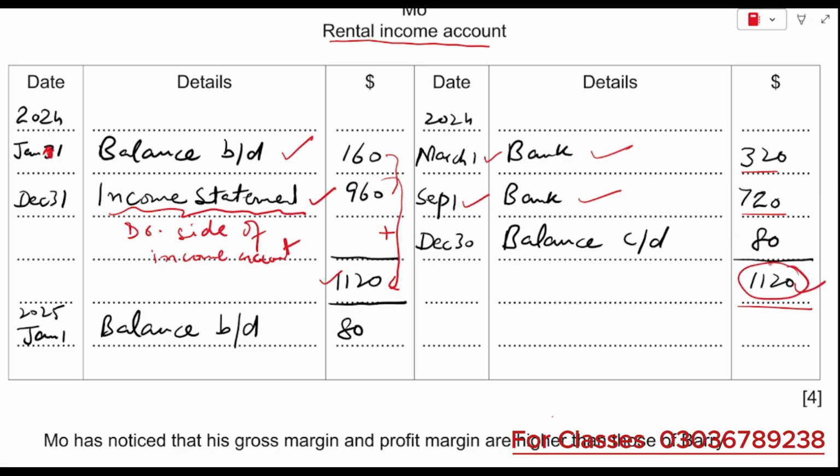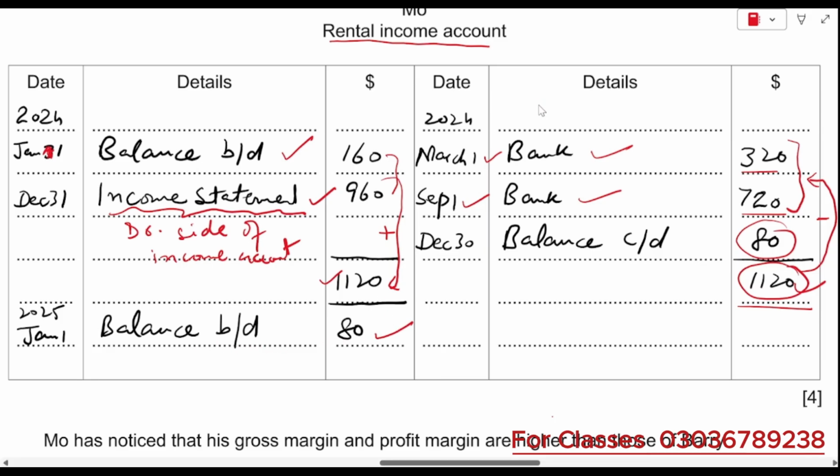Then from this 1120 we will subtract these two values on the credit side, and we find the difference of $80. It will become the closing balance of rental income account, $80, and it will appear on the 1st January 2025 on the debit side as opening balance of $80.